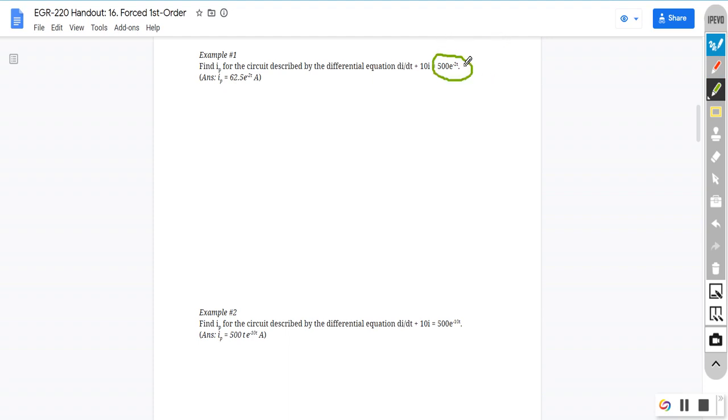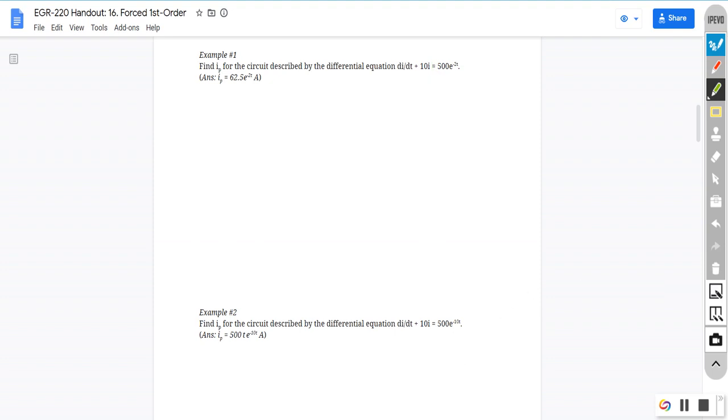If this was 0, we wouldn't have a particular response. In all the problems we look at for section 16 and in section 17, we will have a forcing function, so our right-hand side will be non-zero. We also refer to the right-hand side as g of t.